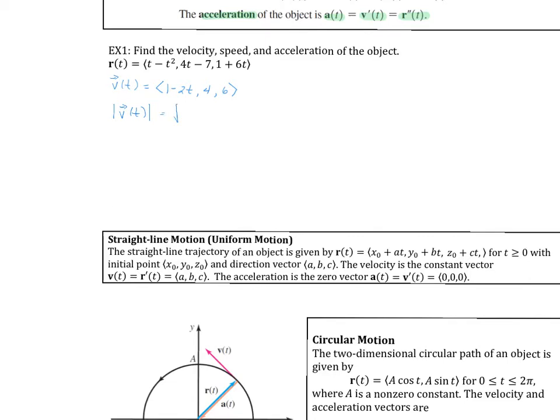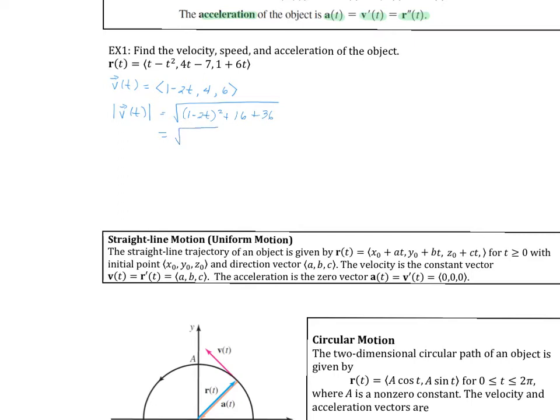So that's going to be the square root of 1 minus 2t squared plus 4 squared, or 16, plus 6 squared, or 36. Multiplying all of this out, I'll end up with 1 minus 4t plus 4t squared.